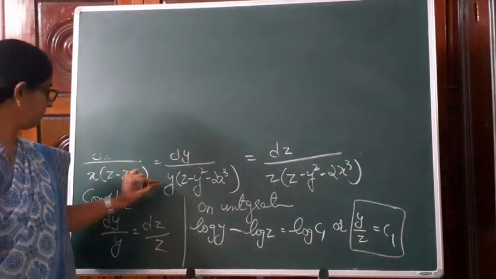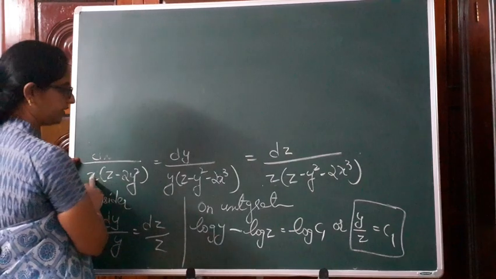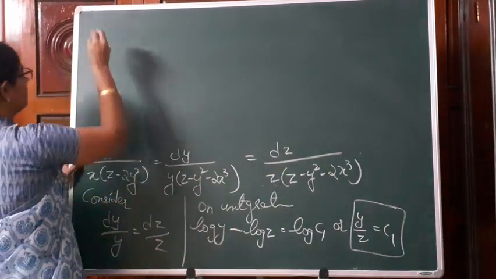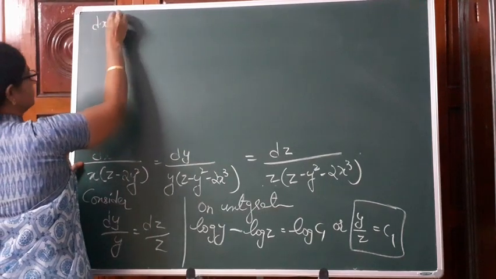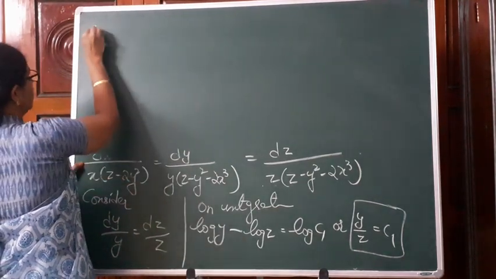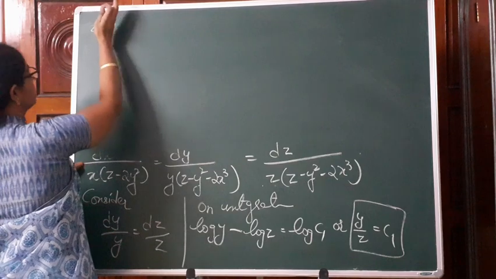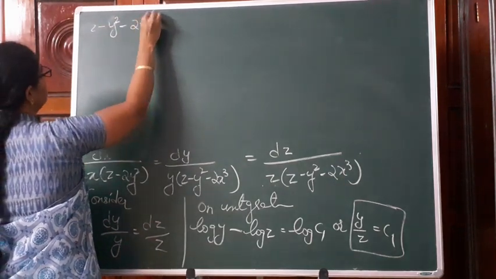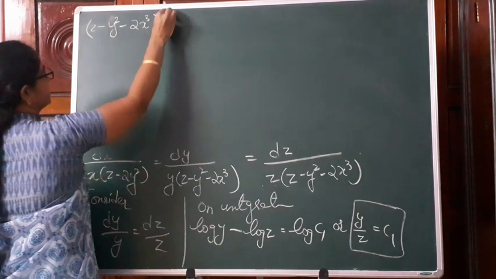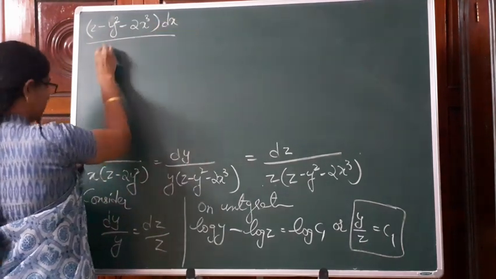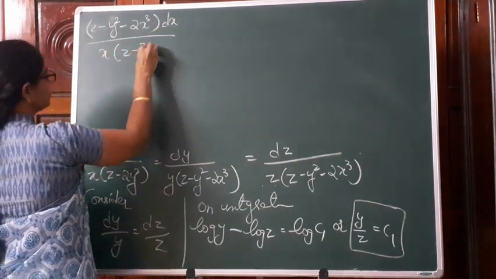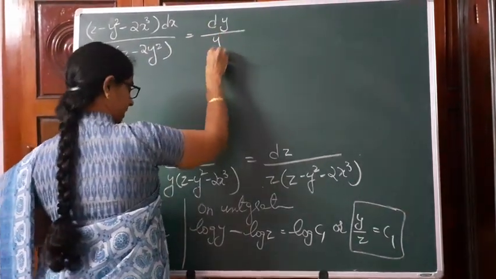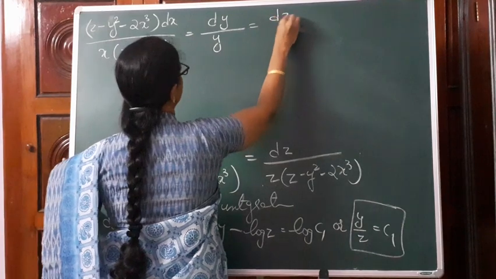Okay, we just come back to the auxiliary equations, and we rewrite these equations as z minus y square minus 2x cube into dx by x into z minus 2y square is equal to dy by y is equal to dz by z.